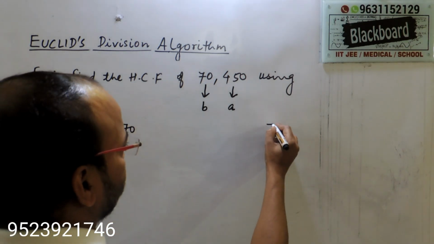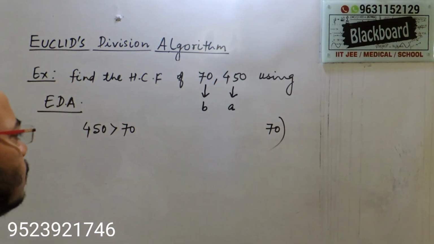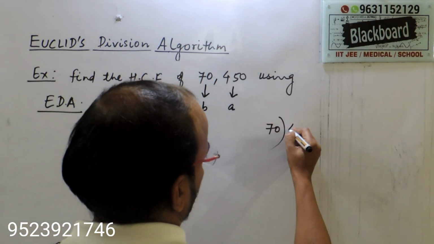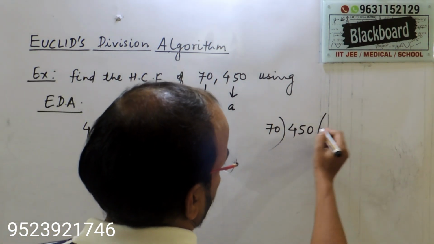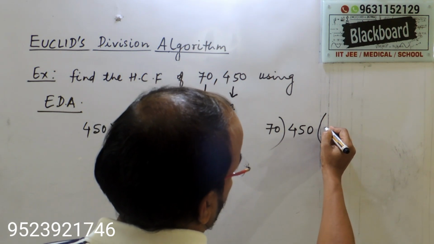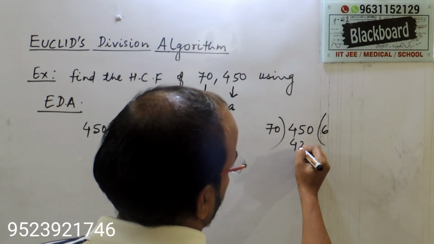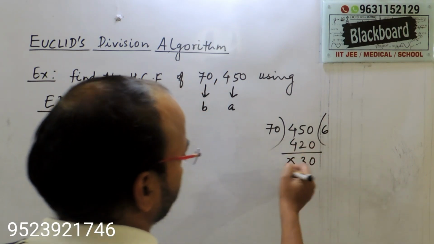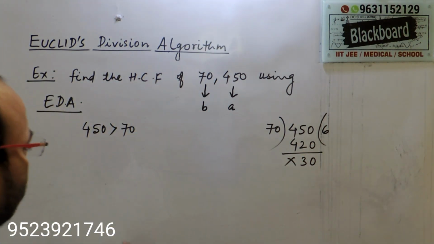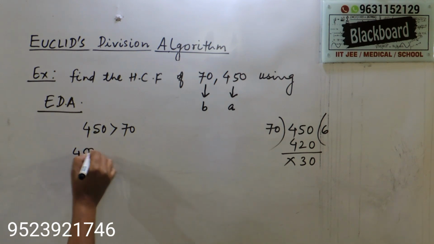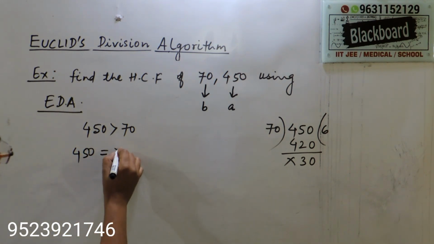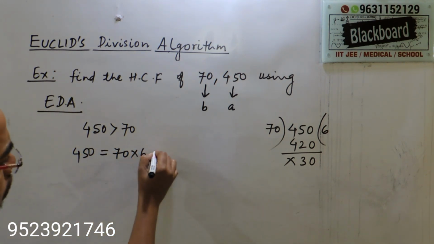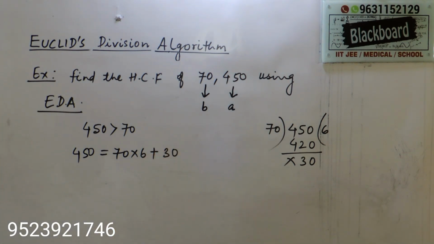That means here divide 450 by 70. After subtraction you will get 30. That means you can write 450 is equal to 70 into 6 plus 30.